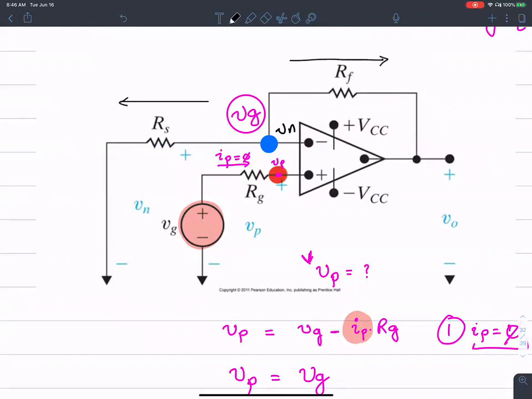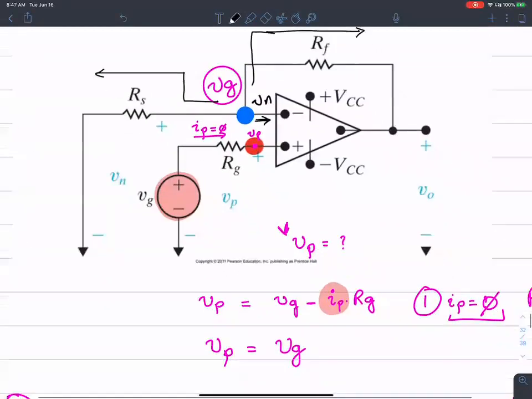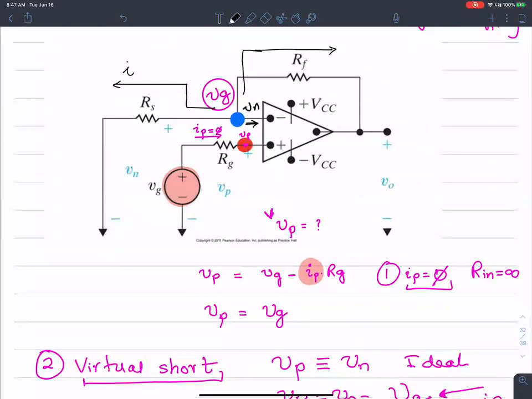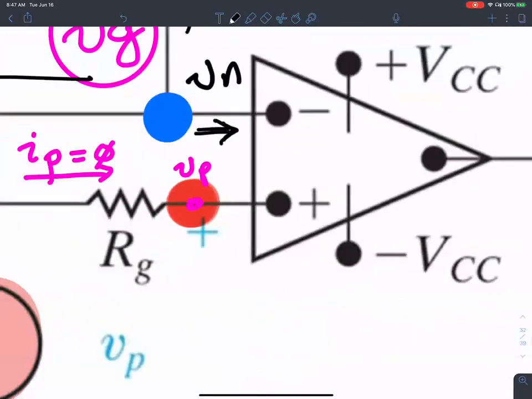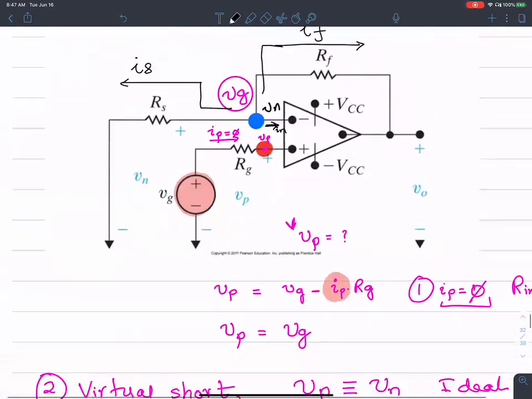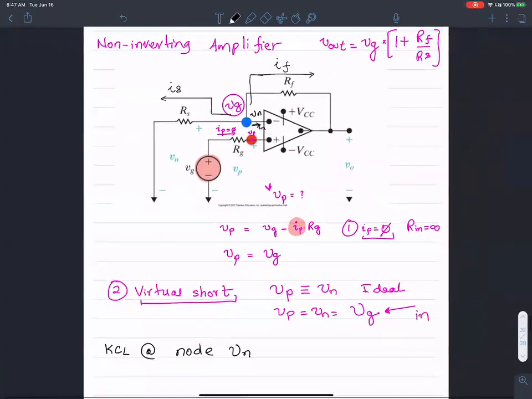Okay, add the currents leaving this node. There are three currents. There is one current leaving this way, there is one current leaving through this resistance RS, and there is one current going into the op-amp. Okay, there is current IS, that's the current through the RS resistance. There is going to be IF current, and there's also a teeny tiny branch over here, IN.